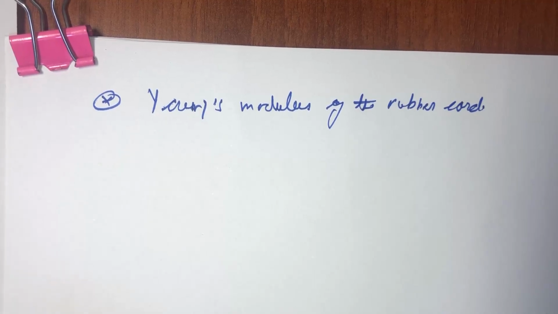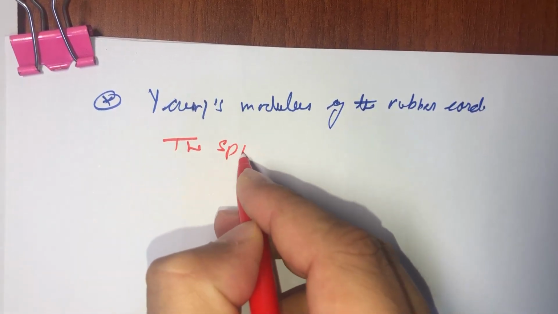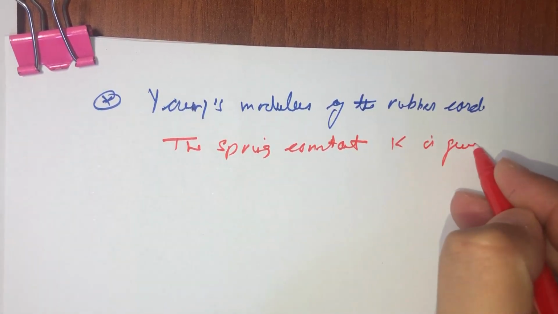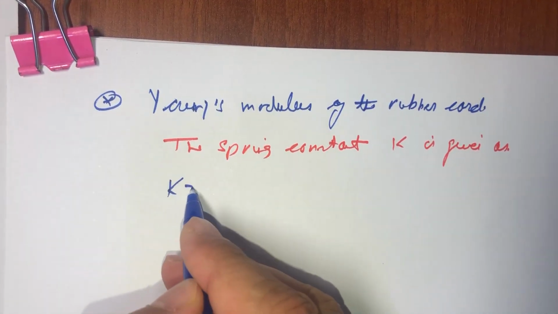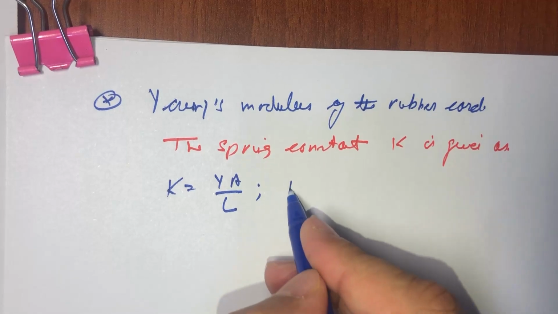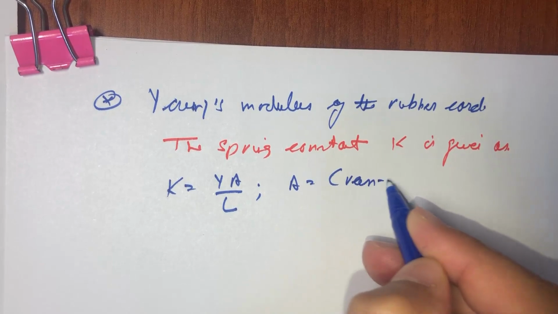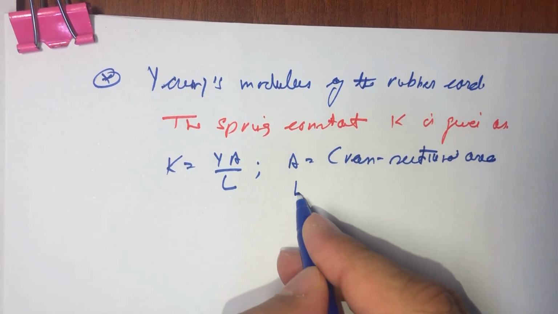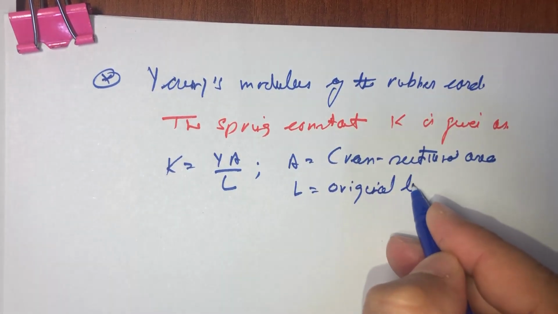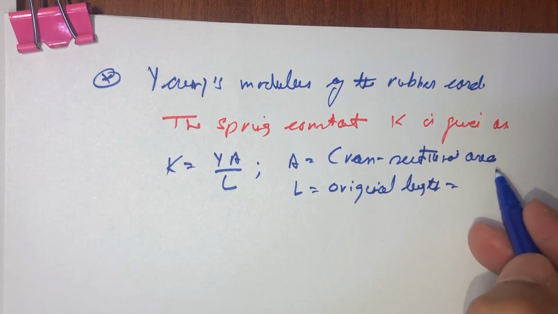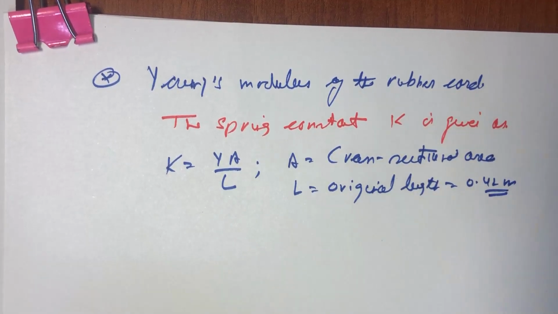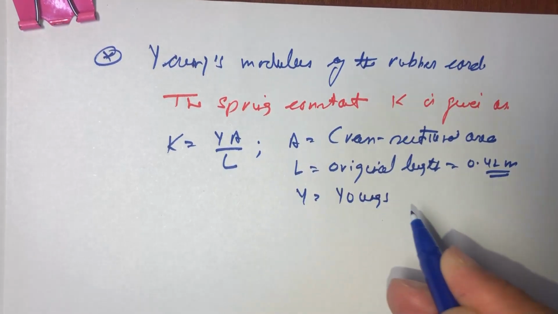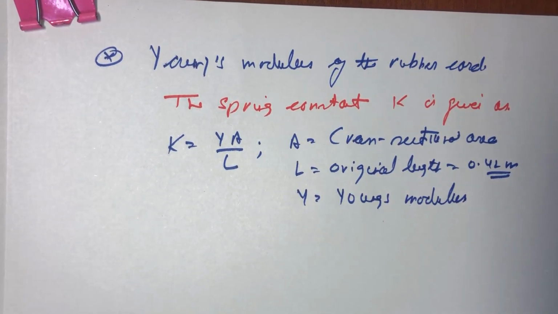We can write for the spring constant k, spring constant k is given as k is equal to Y A upon L, where A is the cross-sectional area, L is the original length, which is given as 42 centimeters, so this will be 0.42 meters, and Y is the Young's modulus. So we can find out the area.